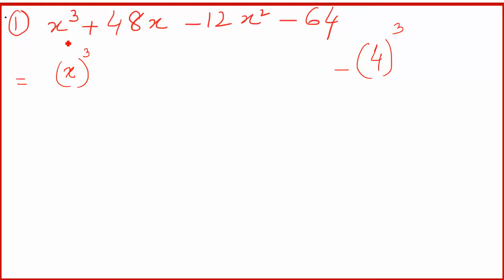Just see, first of all we will see this is positive, then negative, and this negative. So we have to arrange this, right? How do you know it is a minus b whole cube?